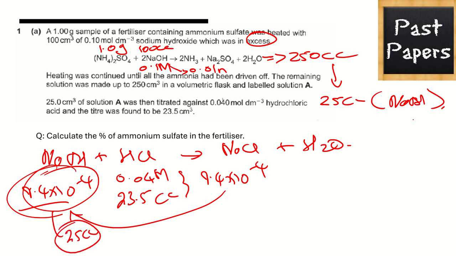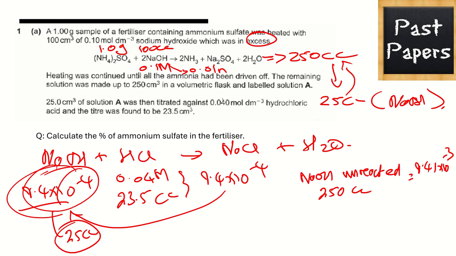That came from the 250 cc's that was made up. So the sodium hydroxide left over unreacted in the 250 cc's is going to be 9.4 times 10 to the minus 3. It's this times 10. The moles of sodium hydroxide that I started with was 0.01. This is what's left.